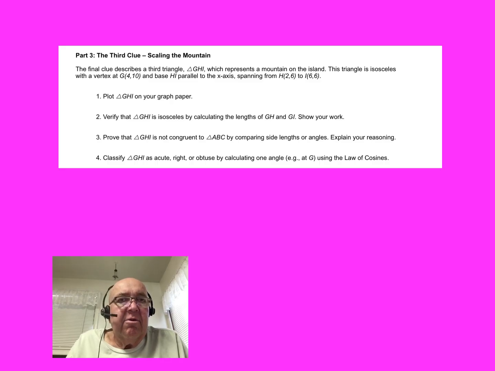Then you want to prove that it is not congruent to the original triangle you started with using side lengths and angles, and explain why it's not congruent, and again classify it as being acute, right, or obtuse by calculating one angle. Again, I'm not going to ask you to identify the exact angle measure.